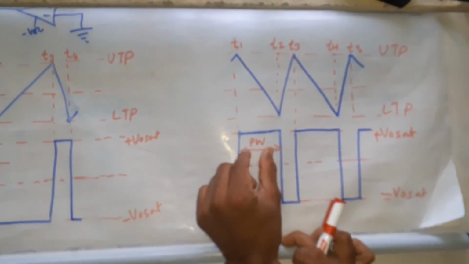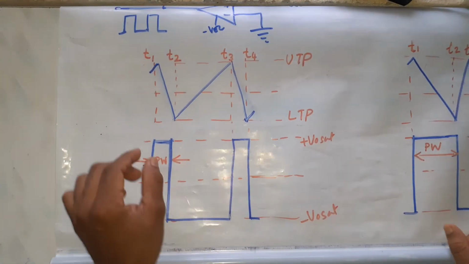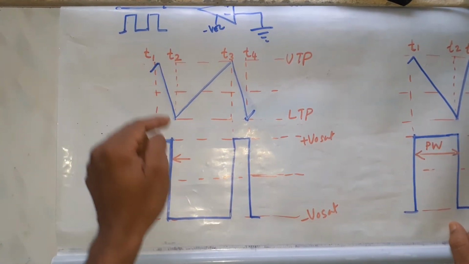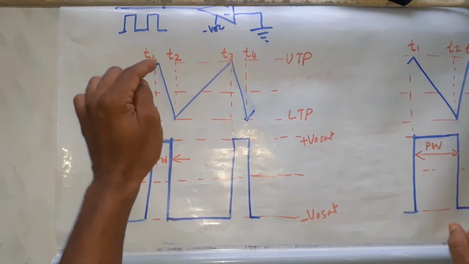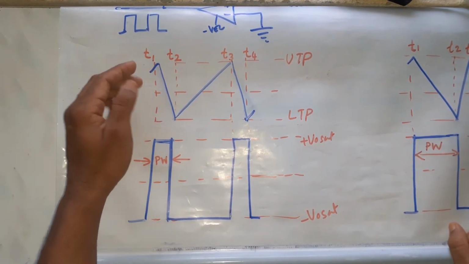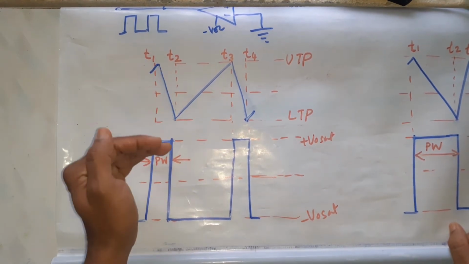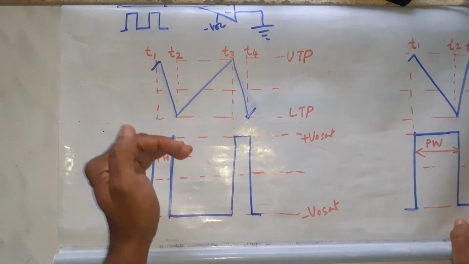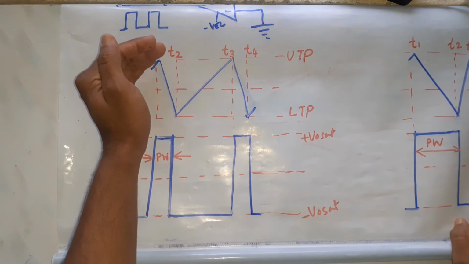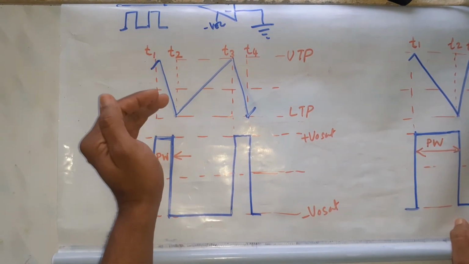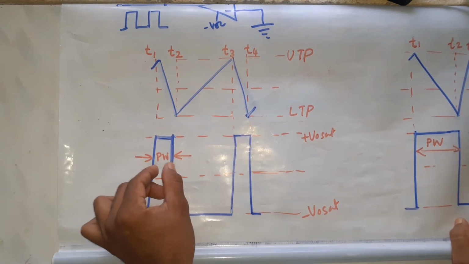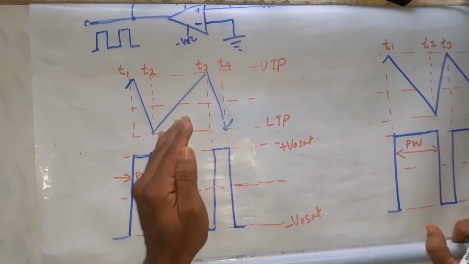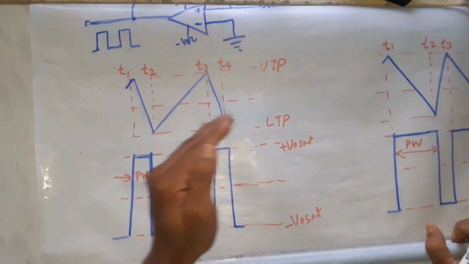Here it is narrow because the duration between T1 and T2 is very short. Why is it short? The charging is happening very fast. As the charging of the capacitor is very fast, it happens in a small time, T1 to T2, and the pulse width becomes short. Whereas the discharging of the capacitor is slow.